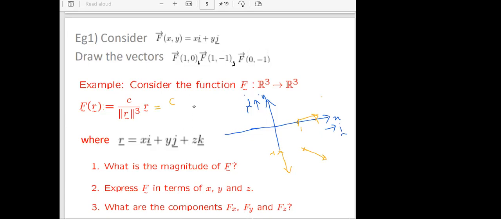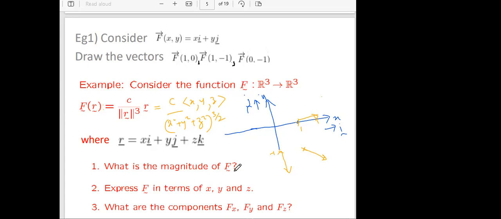C is a constant, and R is your x, y, and z divided by the square root of x squared plus y squared plus z squared to the power 3 halves, which is the magnitude of r to the power 3. Magnitude of r cubed, yeah, this one.